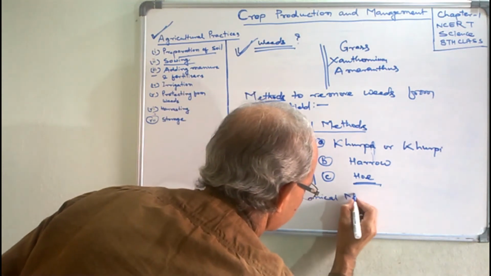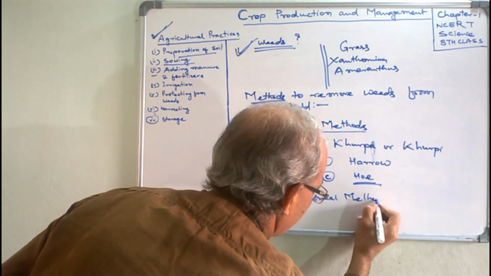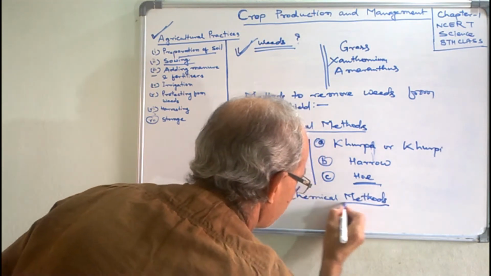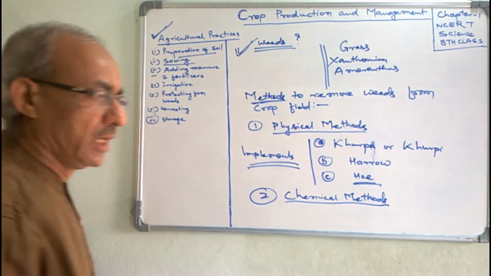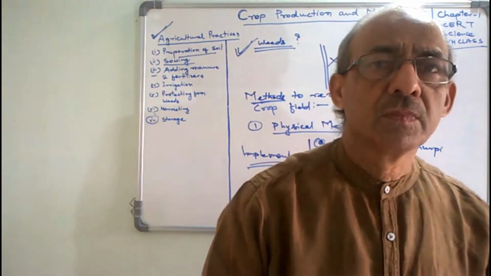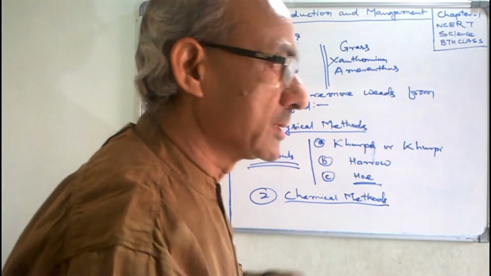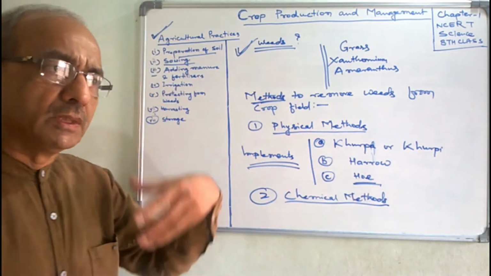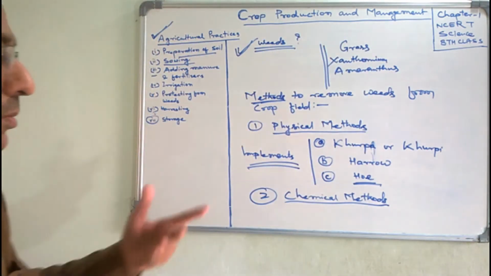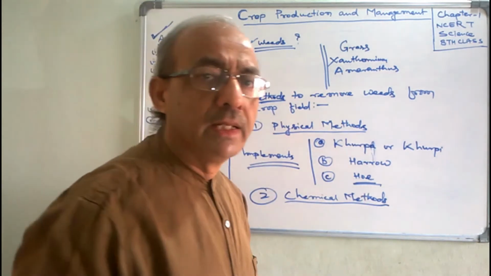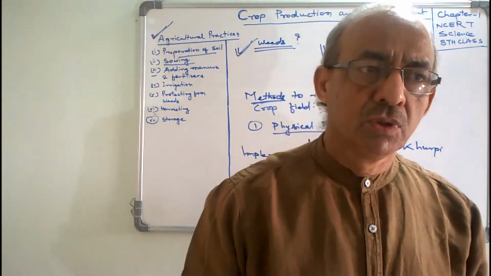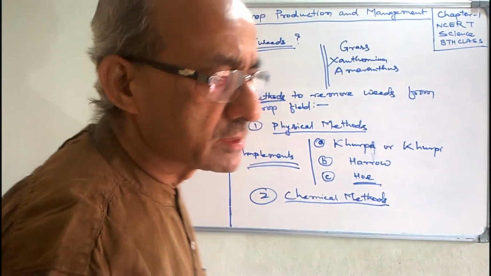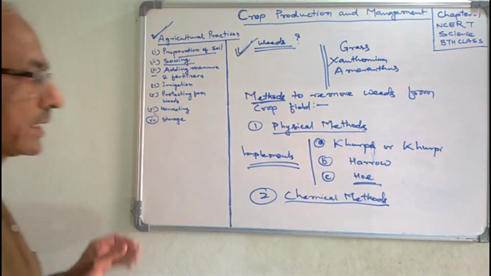Chemical methods. Certain types of chemical substances are sprayed in the crop fields to kill the weeds. Those chemical substances are called weedicides.